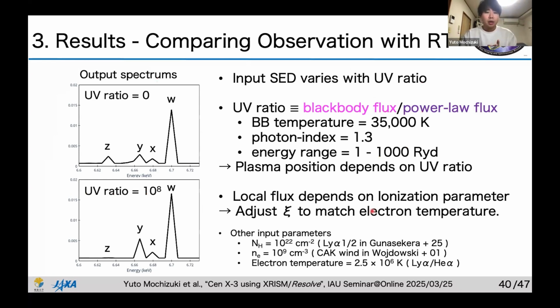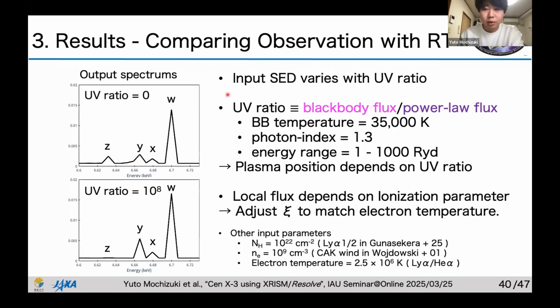Okay, now I compare the observation result and the simulation result of the radiative transfer calculation. So I will introduce the setup of the radiative transfer calculation. We input the SED with the UV ratio into Cloudy.